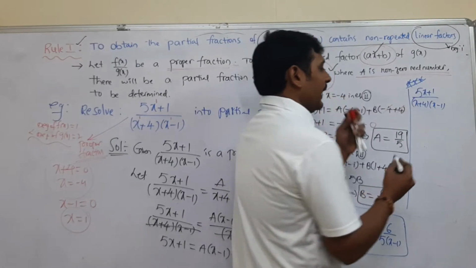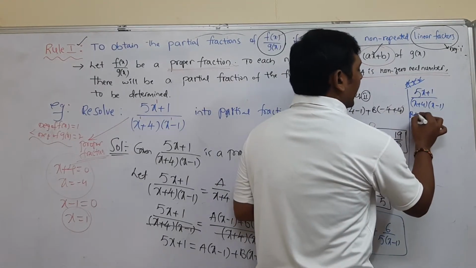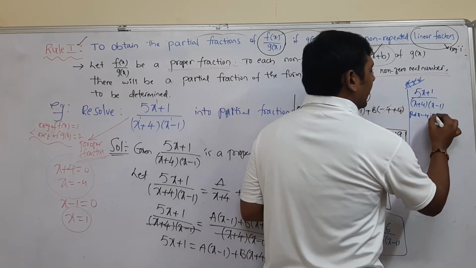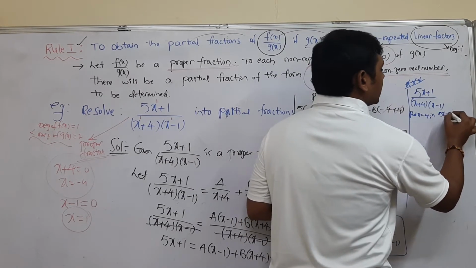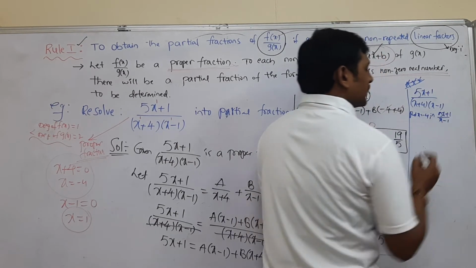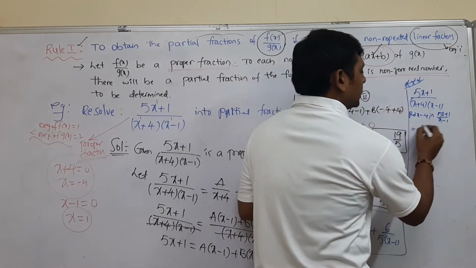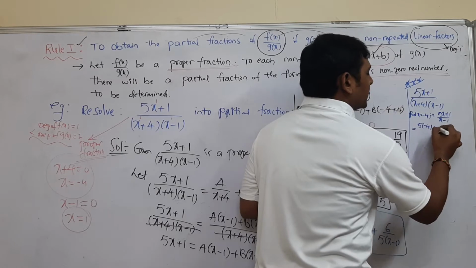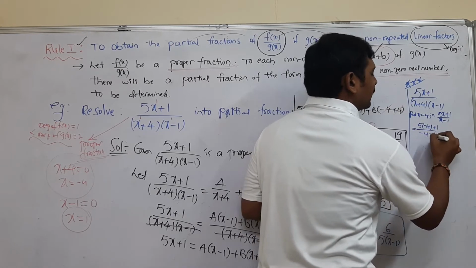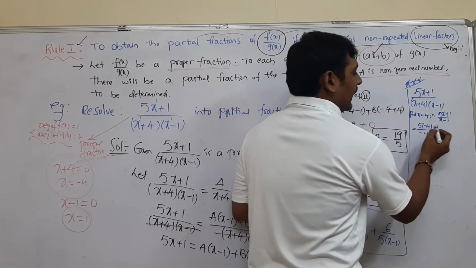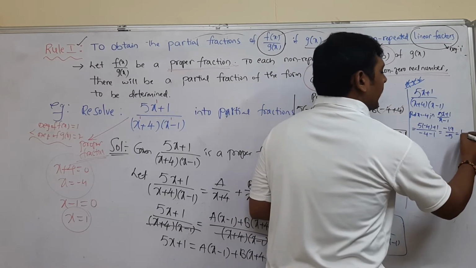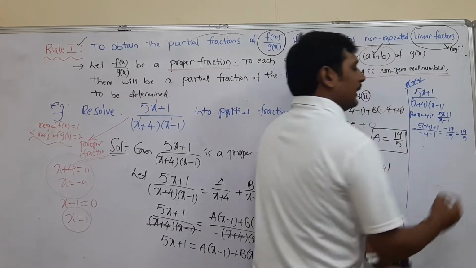Means what we need to write? Put x equals minus 4 in 5x plus 1 by x minus 1. So what happens? 5 into minus 4 plus 1 by minus 4 minus 1. Minus 20 plus 1 is minus 19 by minus 5, nothing but 19 by 5.